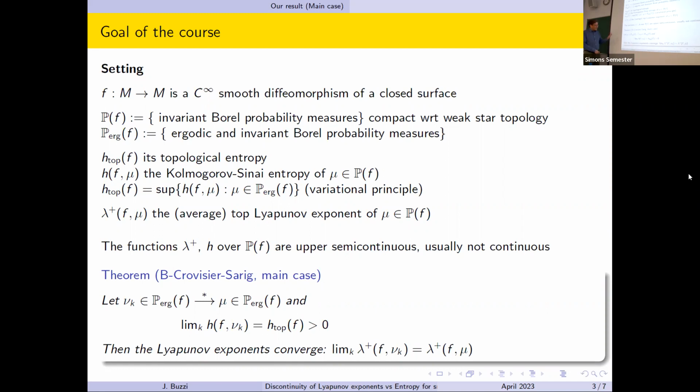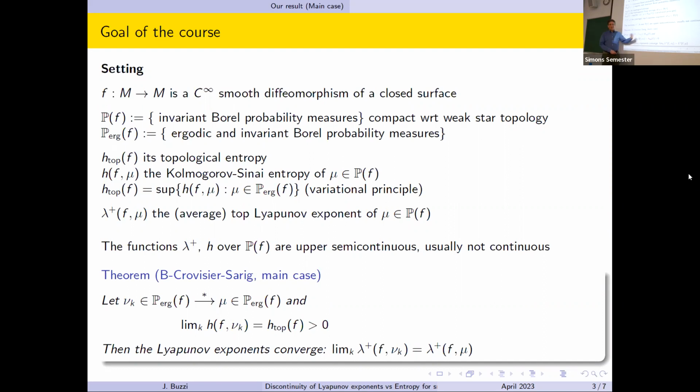Now let's assume that the entropies of these measures converge to the topological entropy. So these measures see more and more of the dynamics in some sense. And I assume also that the topological entropy is positive. So I took a sequence of ergodic measures and assumed that it converged; that was not very expensive.